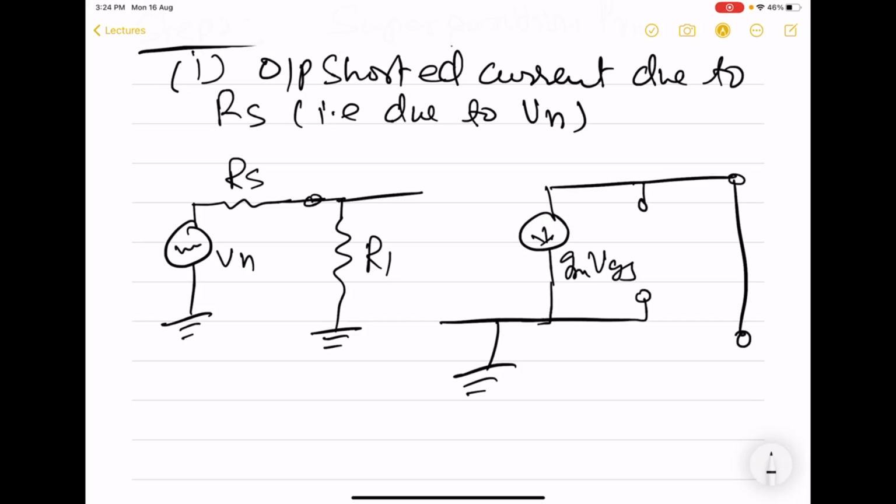And here we have the output shorted. So this output current we will be calling IOn. We want to know what IOn will be.